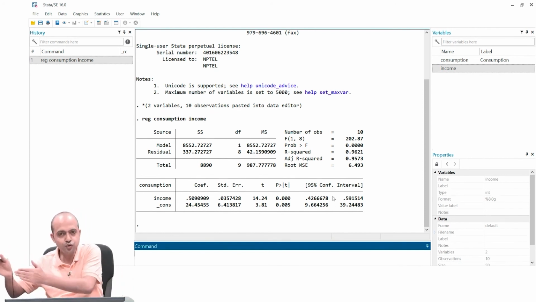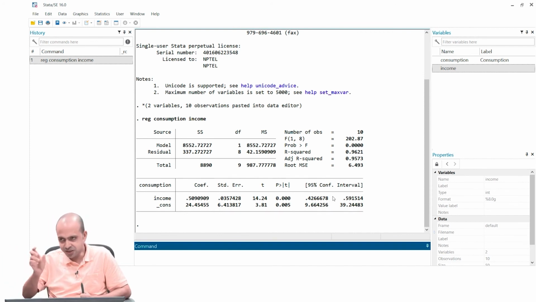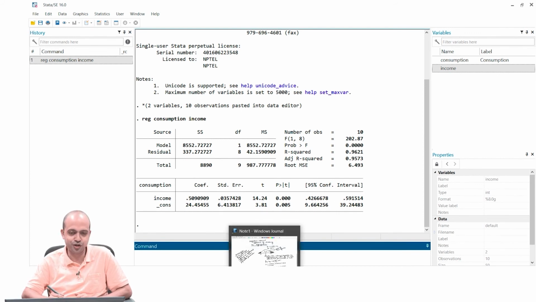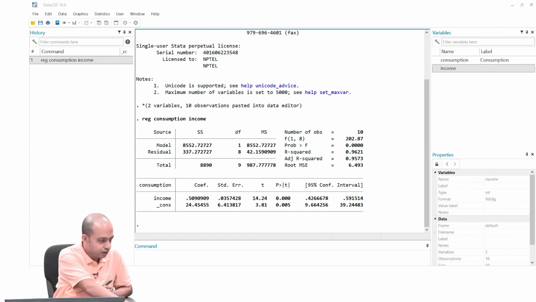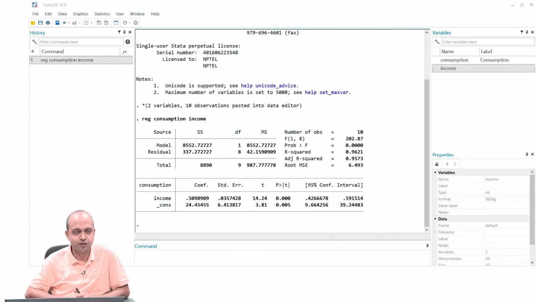Since it is on the positive axis, you can understand that 0 is not captured. And if 0 is not captured by your estimated interval, then you have to reject your null. And if you reject your null, that means the variable is significant.